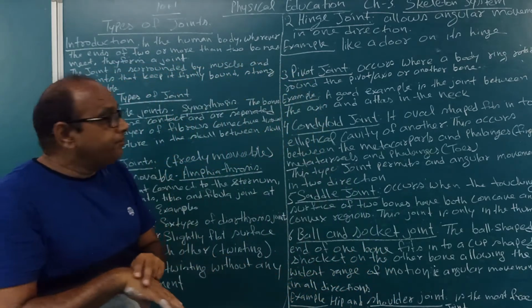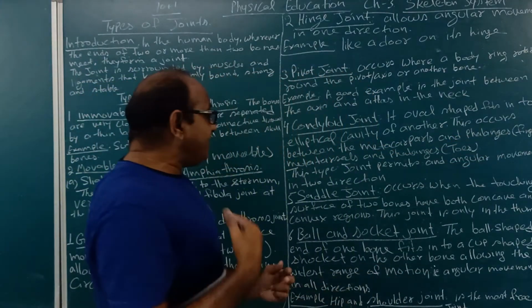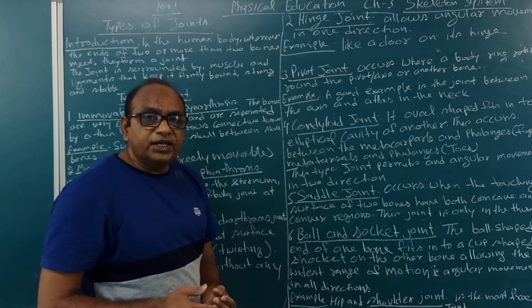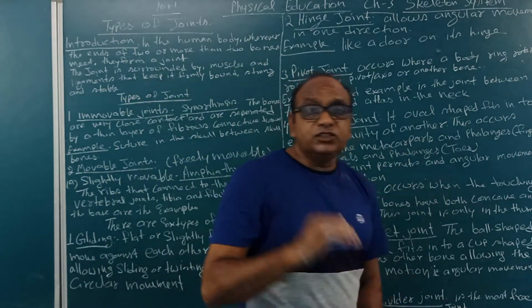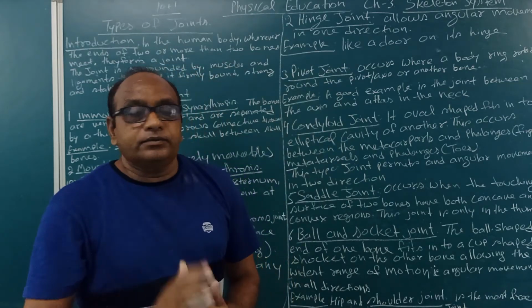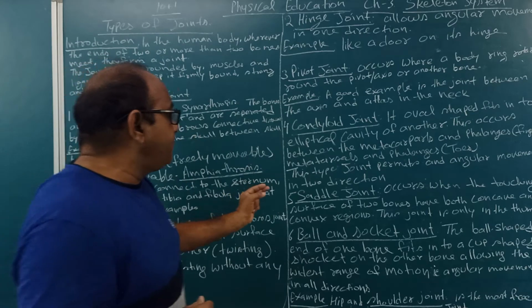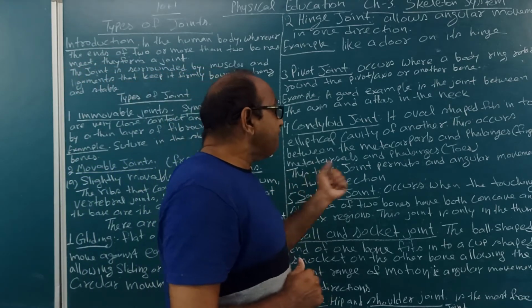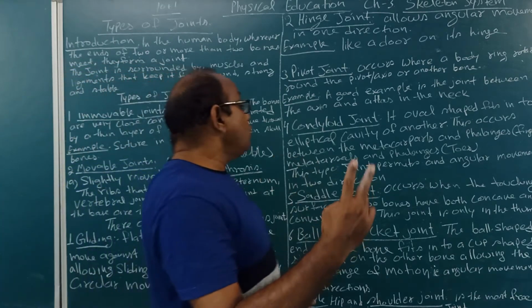Metacarpals are in the palm and phalanges means fingers, and metatarsals in the foot, and again phalanges means toes of the feet. This type of joint permits angular movements in two directions.